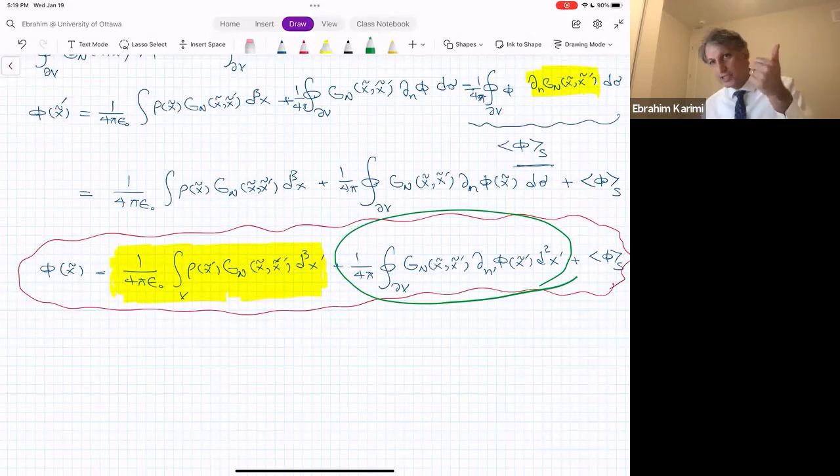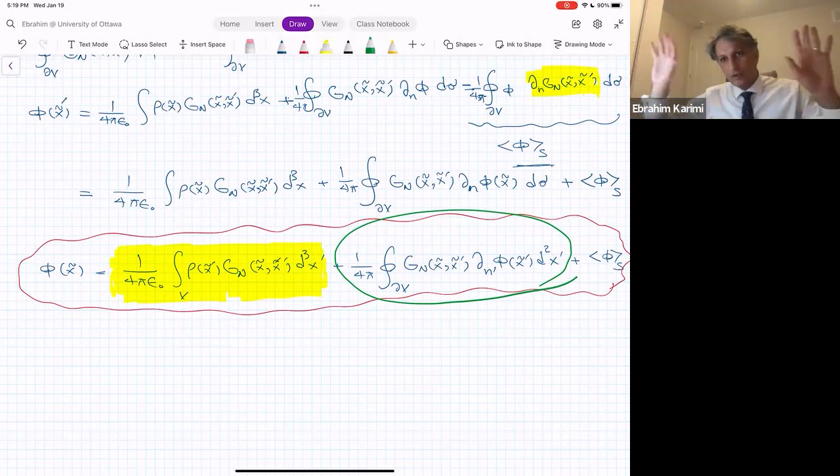Charge density, because the charge density will be related to the normal of the electric field. When you know the normal of the electric field, then you go with Neumann boundary condition. We don't talk about the Cauchy because Cauchy is more complicated.